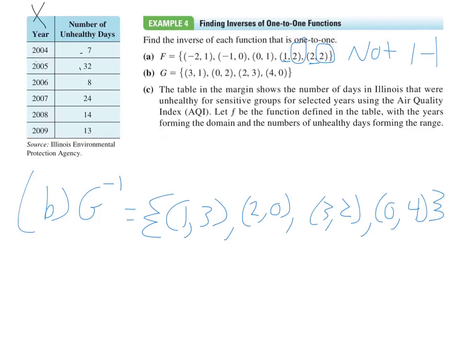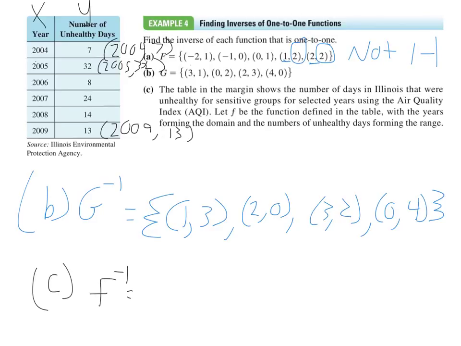So if that's the x and that's the y of our original function, then the inverse, well, first, that would correspond to the ordered pairs (2004, 7), (2005, 32), etc., etc. Likewise, that can correspond to the ordered pair (2009, 13). So, for the inverse of this function, you just flip the domain and the range.